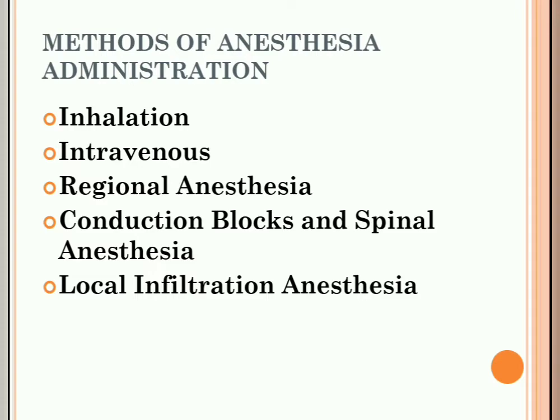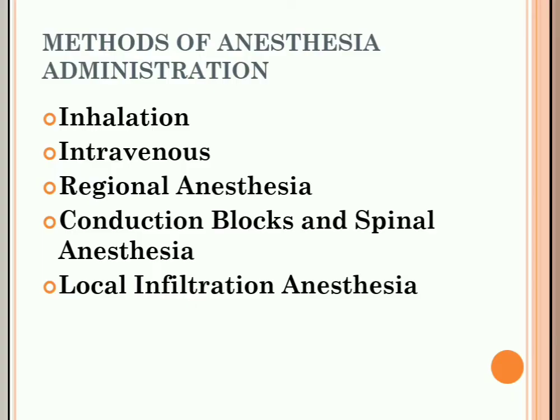Kasama nito under intravenous anesthesia are the intravenous neuromuscular blockers or our muscle relaxants. Now, they block the transmission of nerve impulses at the neuromuscular junction of the skeletal muscles. So, sa word itself, it relaxes the muscles during abdominal and thoracic surgery.